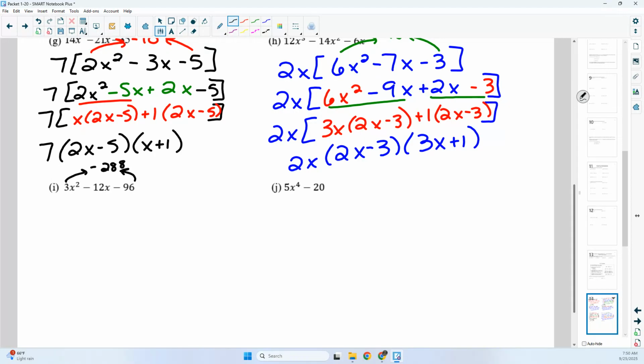And if I look at my table, which I'm doing now, I'm doing this on the fly, so this is not necessarily going to be super fast to show you guys. Table's fine, but I'm going to have to search for 2 numbers that add up to negative 12. So I do have them. And the numbers that multiply to negative 288 are a positive 12 and a negative 24.